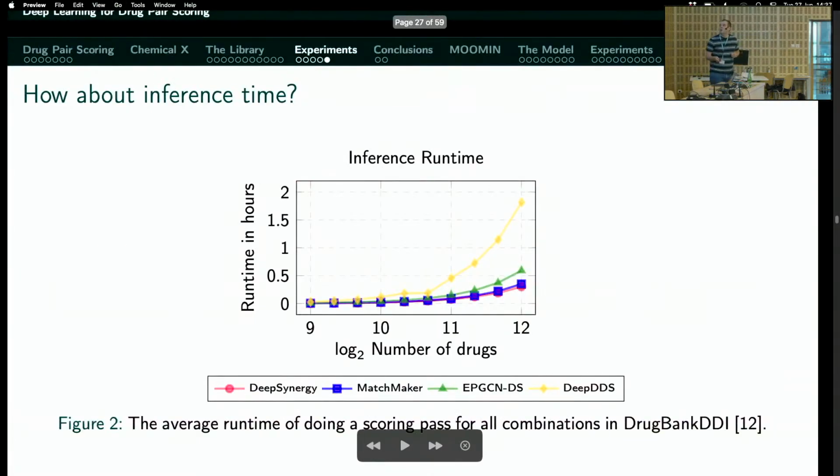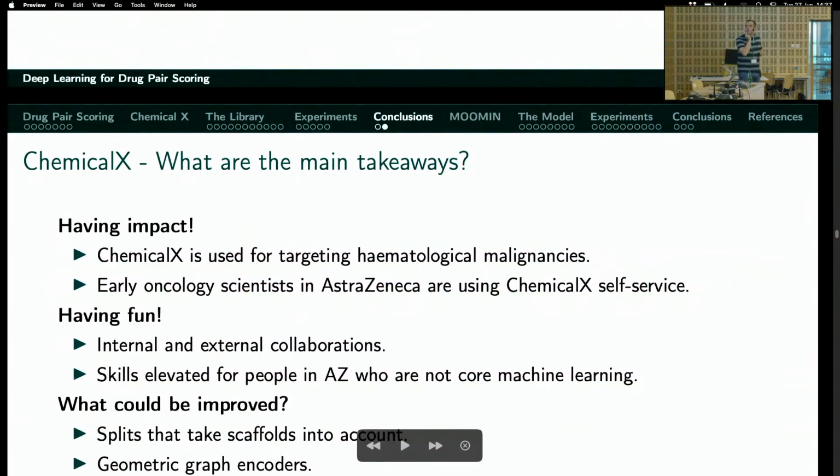Cool. So some conclusions. Chemical X itself, both the polypharmacology modeling and the synergy modeling, is used for targeting hematological malignancies. AstraZeneca has a pipeline which has a large number of drugs that target that class of cancers. The issue, if you know leukemia, is that there are two main types of leukemia.